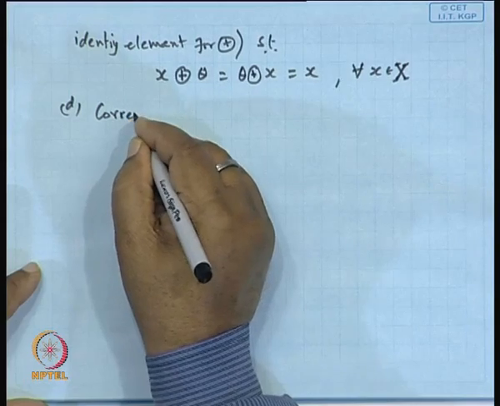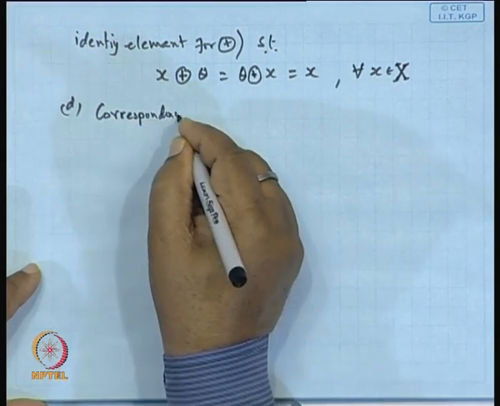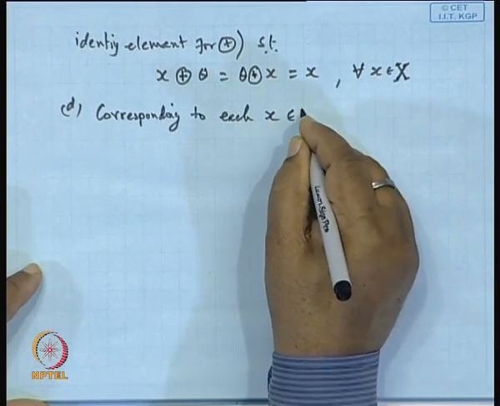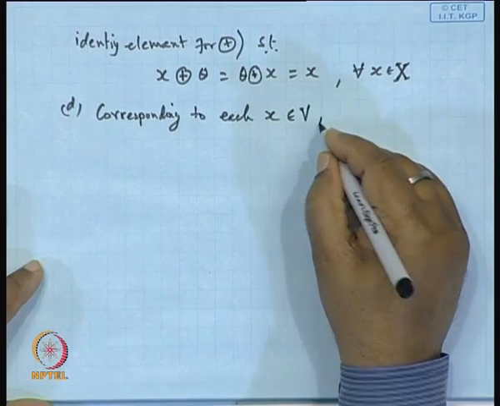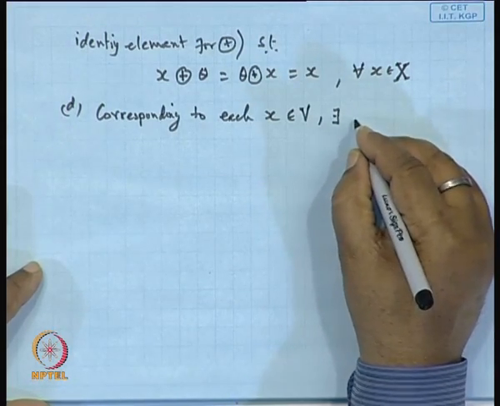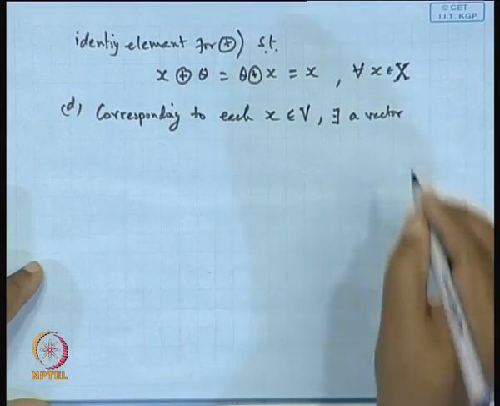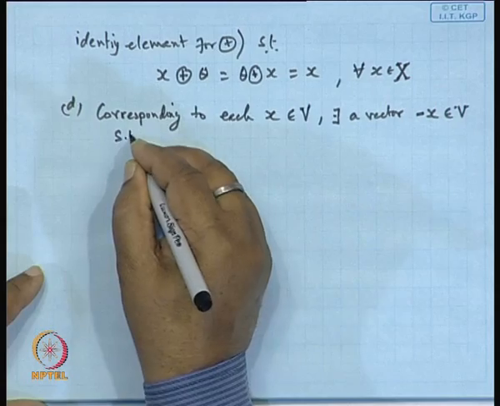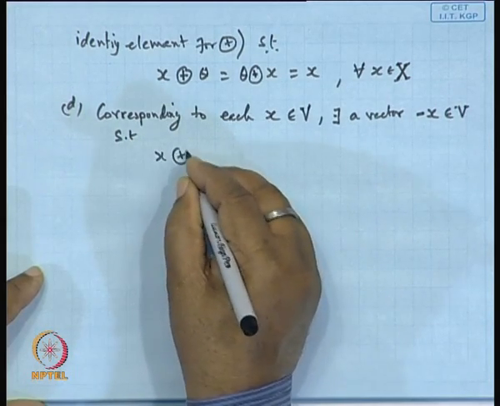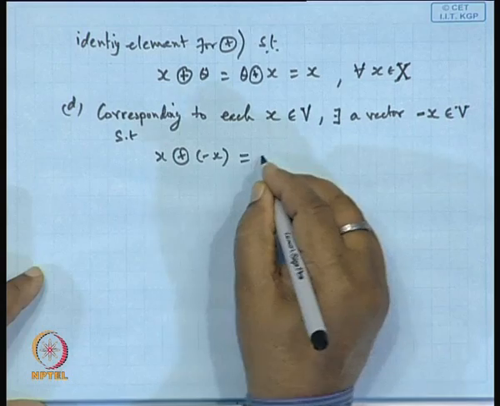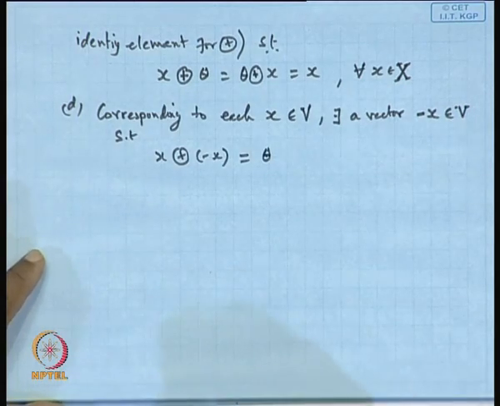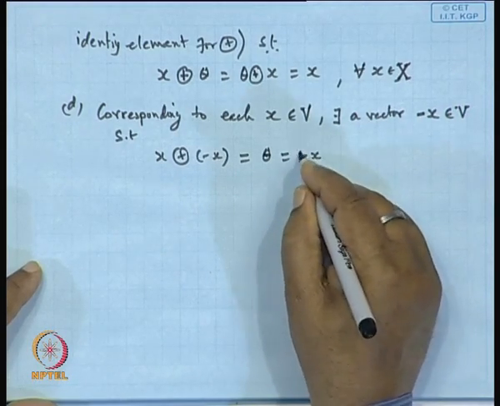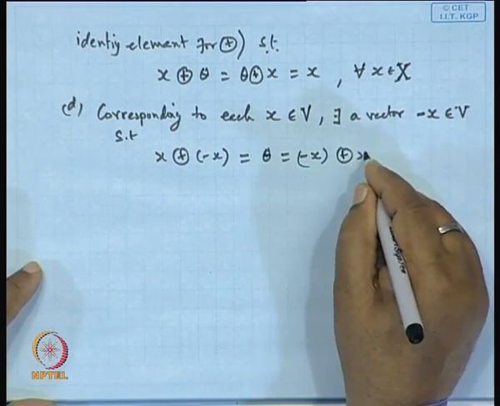Then D, corresponding to each vector x belonging to V, there must exist a vector minus x which is also in V, such that when we add these two vectors, the total should come out to be the identity element for addition, whether it is added towards the left or towards the right.